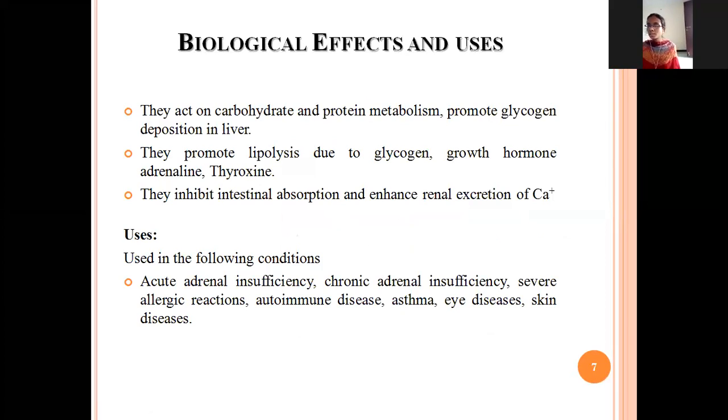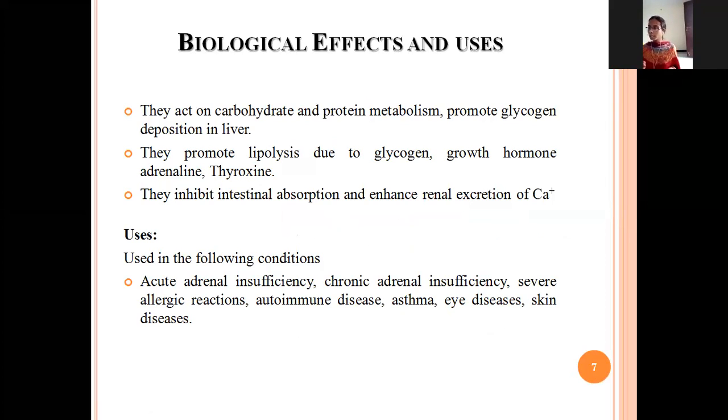Next is its biological effects and uses. Let's see what its biological effects and uses are. They mainly act on carbohydrate and protein metabolism and also promote glycogen deposition in the liver, and they promote lipolysis due to glucagon, growth hormone, adrenaline, and thyroxine.